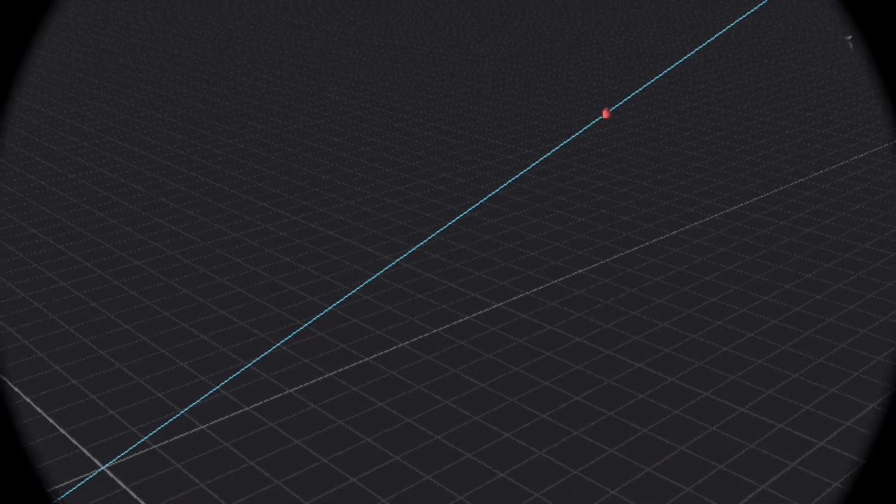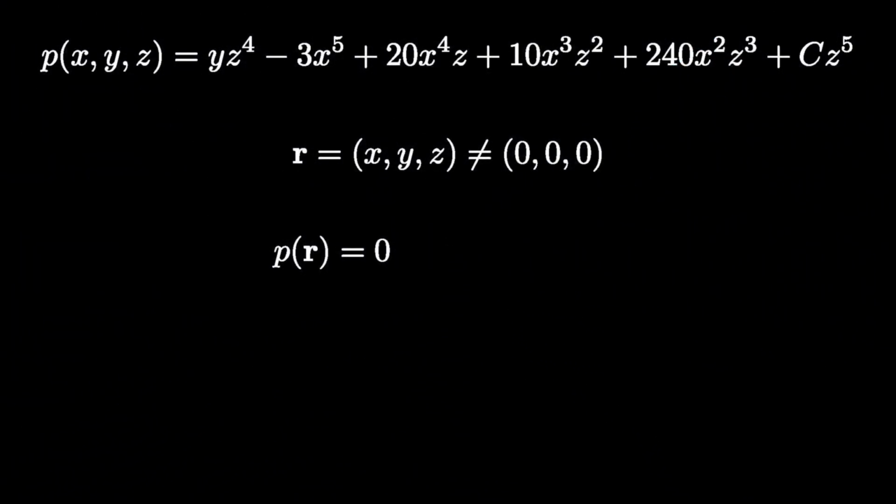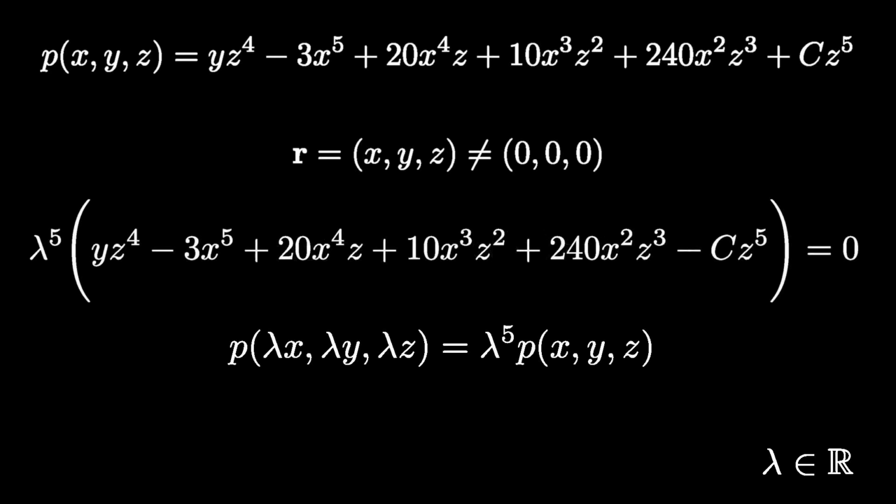So we can slide the solution along the whole ray, and it's clear that if we multiply the xyz's by a lambda, we can just take that lambda and it turns into a lambda to the fifth, and then we factor it out. And so the whole reason we made the polynomial homogeneous was to do this trick. We're going to make the whole ray of light become a solution.